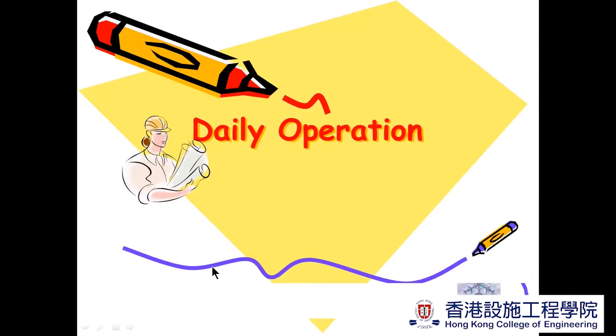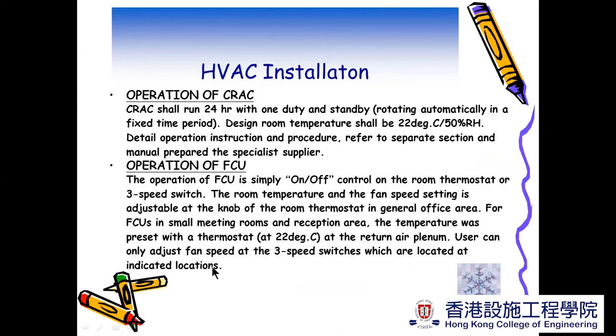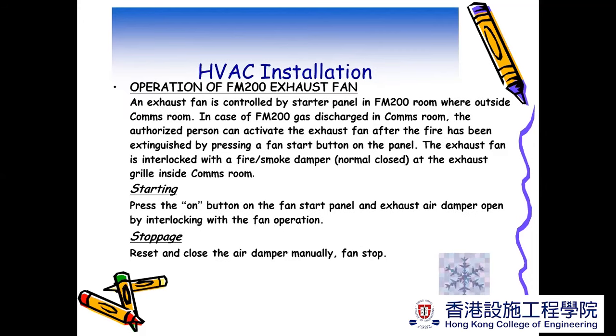Daily operation, so we don't want to talk about it, but basically as the operation of the CRAC in the server room and the operation of the fan coil unit. FM200 exhaust fan we talked about, starting and stopping. It's a manual one, actually. It's a manual.